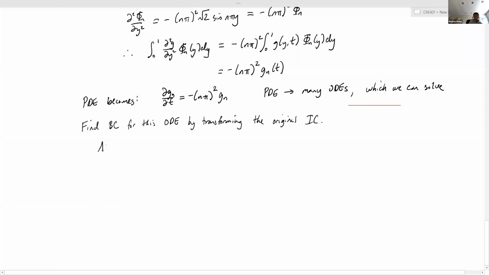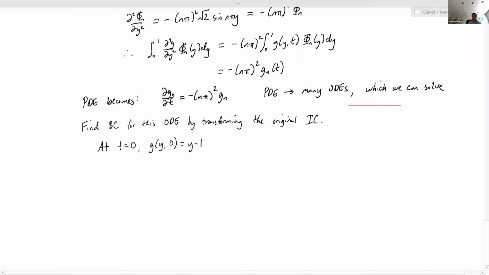To remind you guys, the initial condition was that at time t equals 0, we have that g at y and 0 is equal to y minus 1, right?